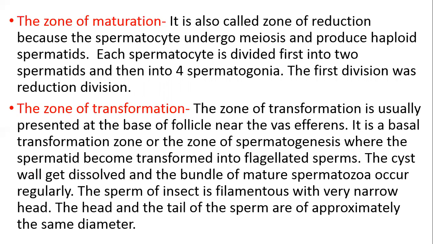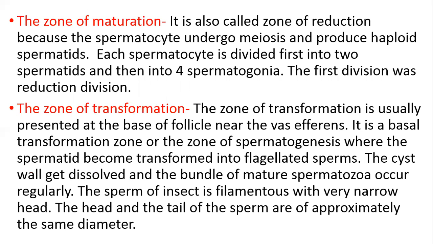The zone of maturation is also called the zone of reduction because the spermatocytes undergo meiosis to produce haploid spermatids. Each spermatocyte is divided first into two spermatids, then into four. The first division is a reduction division, as in meiosis.